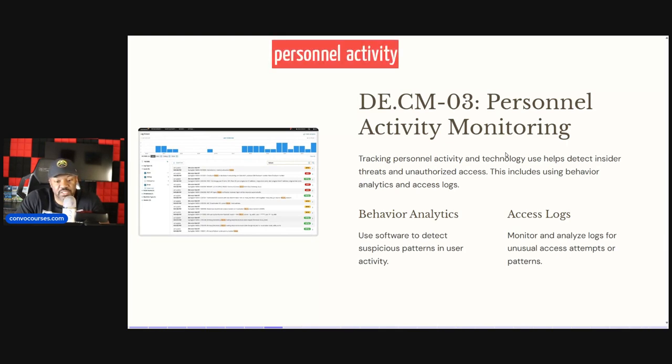Another thing is personnel activity monitoring. This is DE.CM-03. And we're tracking the activities of all the personnel on our network. We're looking for insider threats. We're looking for people maybe extracting data and then emailing themselves with their Gmail account. Like they download something that's sensitive information, put it in their Gmail account, and then mail it to themselves or mail it to somebody else.